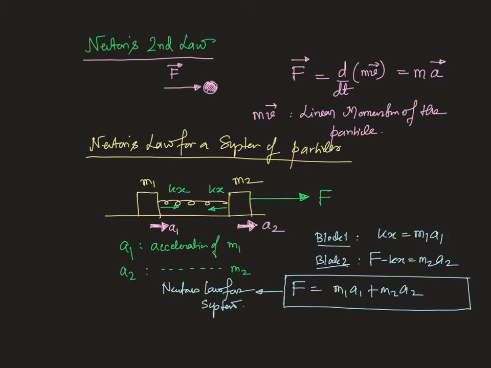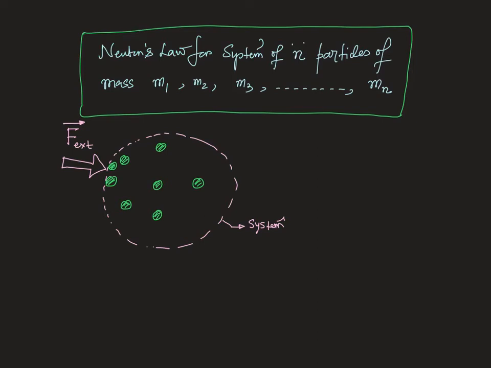Now we can generalize it for n particles in the following way. Now this case will deal with Newton's law for a system of n particles. Now a system is a region in space of your choice, and the dotted line shows the system. Inside this system there are n particles, of masses m1, m2, m3 up to mn.